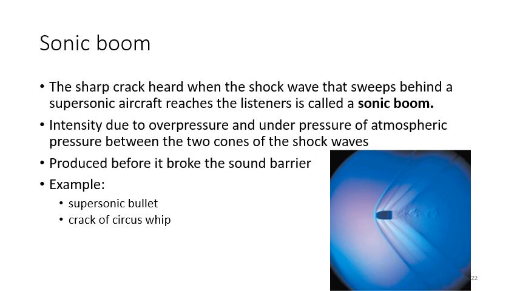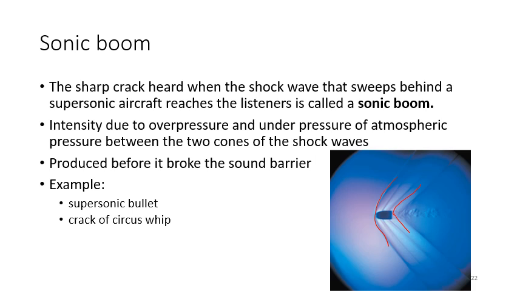Also, this is a nice picture over here, a photograph of a supersonic bullet. You can see the bullet over here, and you can see these two cone shapes. This one is from the front of the bullet, and the other cone is from the back or the tail end of the bullet.